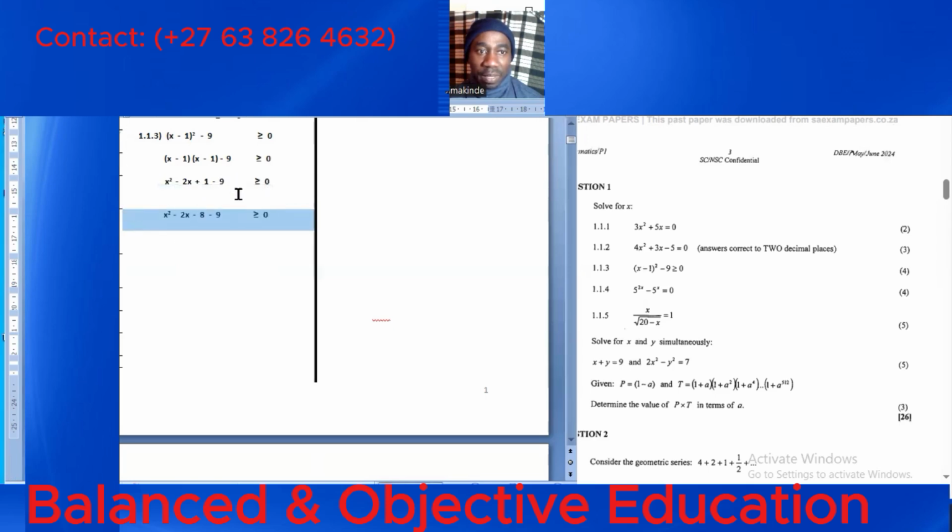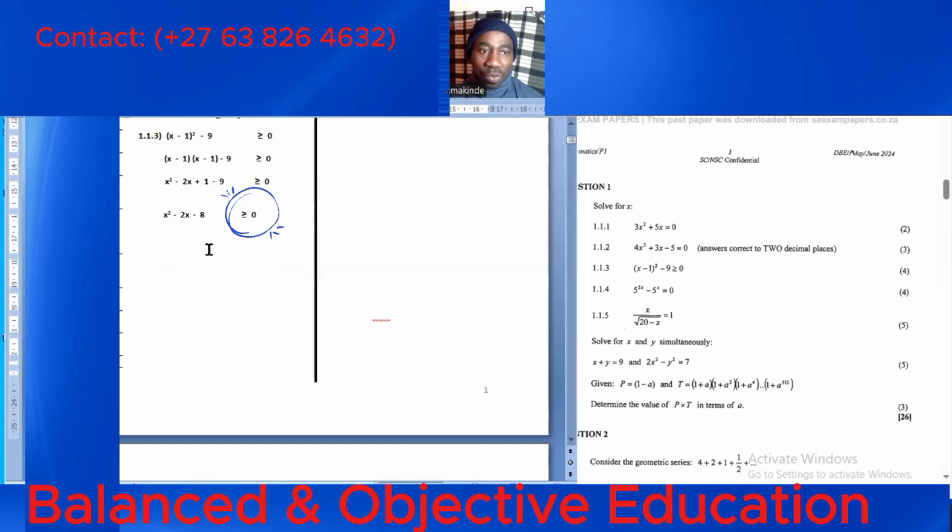If we simplify this, we would have this. So it will be +1 minus 9, which is -8. Then we can solve this quadratically. And what I do advise my learners to do is to just pretend as if this greater than or equal sign is not there.